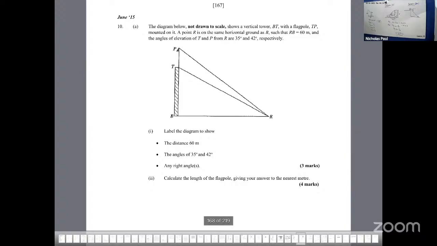And on top of the tower, there is a flagpole. R is on the same horizontal ground as B. RB is 60, so let's put RB into our diagram. One angle is 35 and one is 42. So watch this here. Which one is the smaller angle? Which one is the larger?